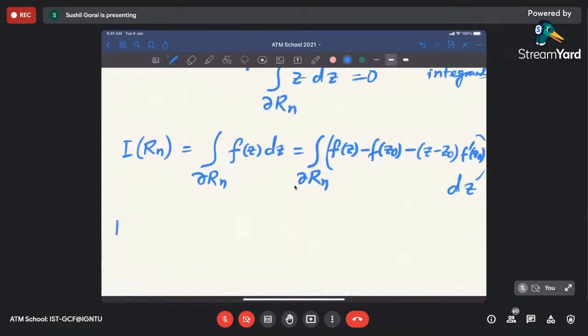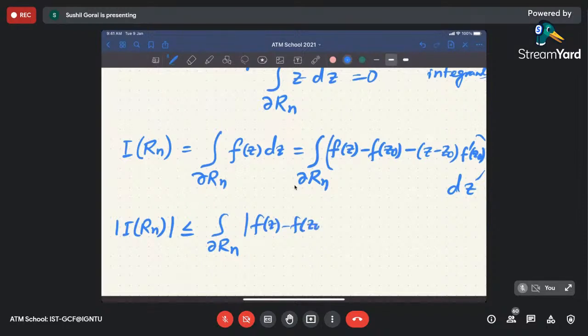Now let's make the estimate. Mod I Rn is less than or equal to integration over del Rn of mod of f(z) minus f(z naught) minus (z minus z naught) times f prime z naught, mod dz. All right.